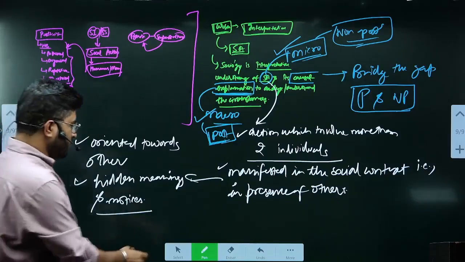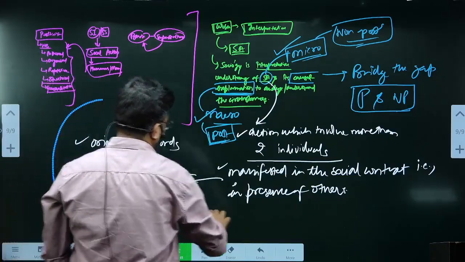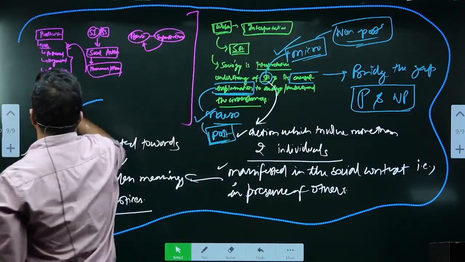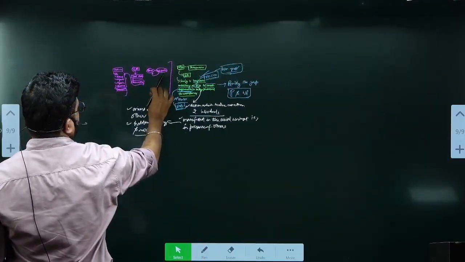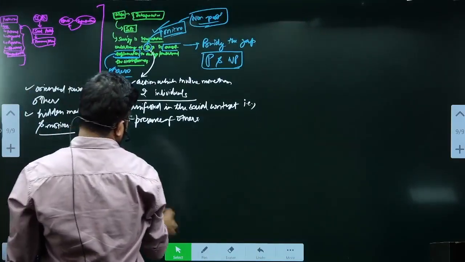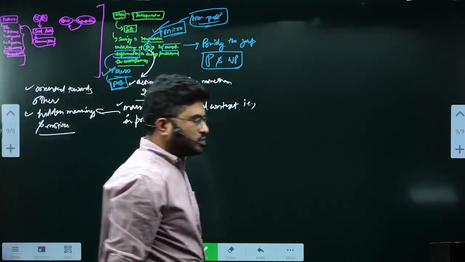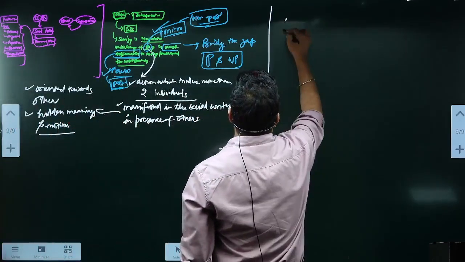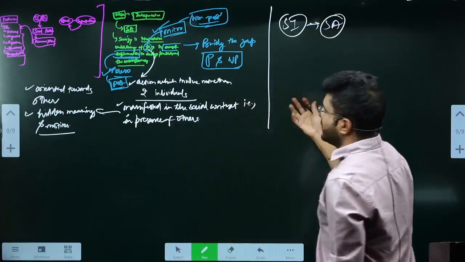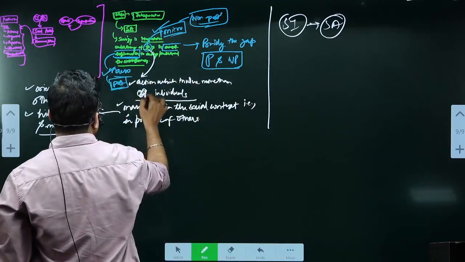So every social action is an action which will be oriented towards others, having different hidden meanings and motives, and we have to understand these hidden meanings and motives if we want to analyze society. Okay, so every social interaction will have a social action where more than one individual is present.